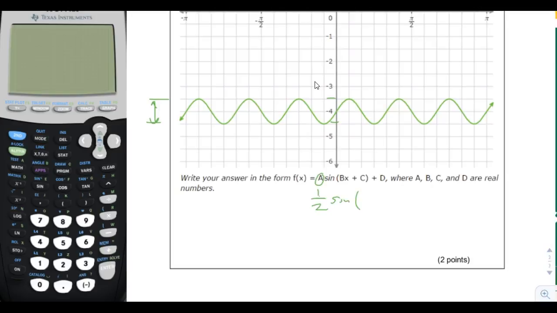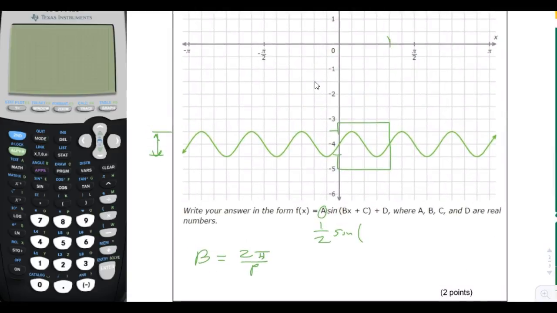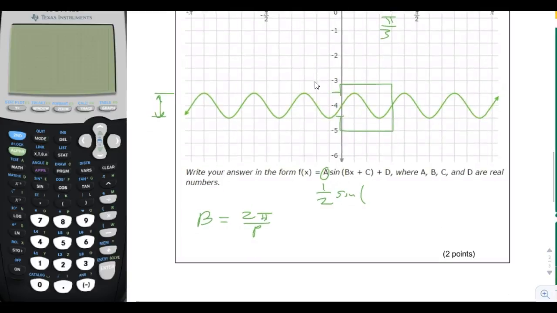What about B? B is equal to 2 pi over the period. What is the period here? Let's see. What is the full period of this sine function? It turns out that right here we're looking at a period of this many units. It looks like it's pi over 3. So the period is pi over 3.